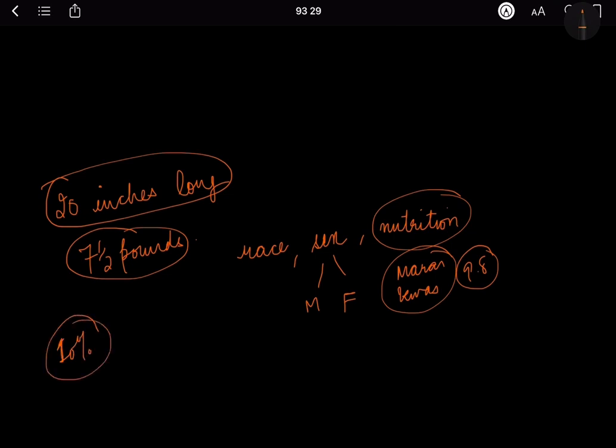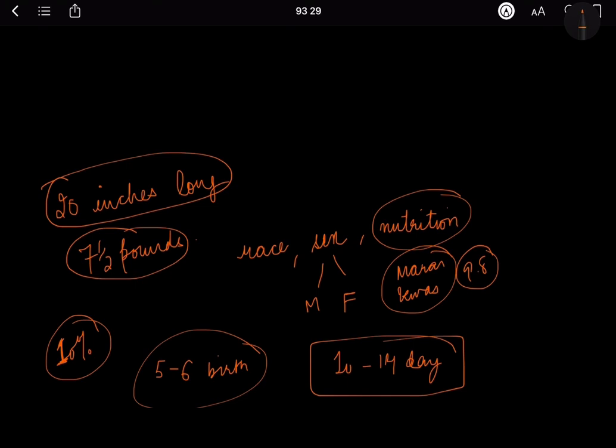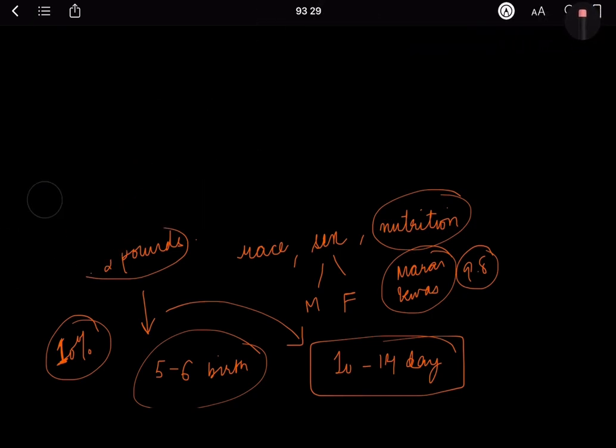The first time after birth, it loses 10% of its weight because of the loss of fluids, okay. But sometimes after 5 to 6 days of birth, the baby again starts to gain weight, and by the 10th to 14th day the baby comes back to the weight at birth, okay. So there is a temporary drop because of the external pressures. Then again within 10 to 14 days, within 2 weeks, the baby comes back to the original weight at birth, okay.